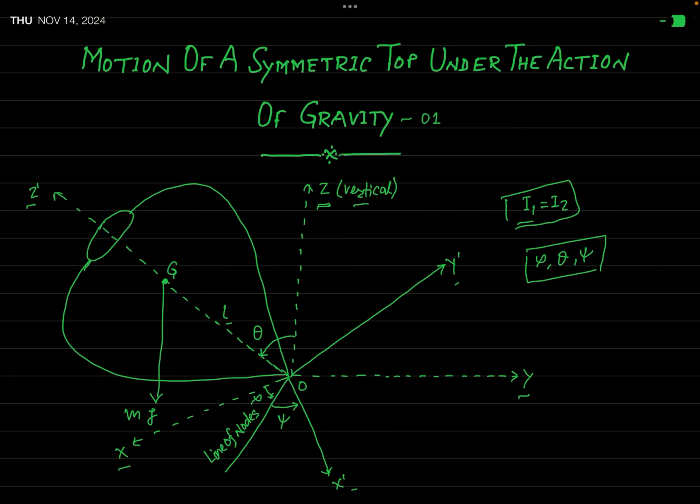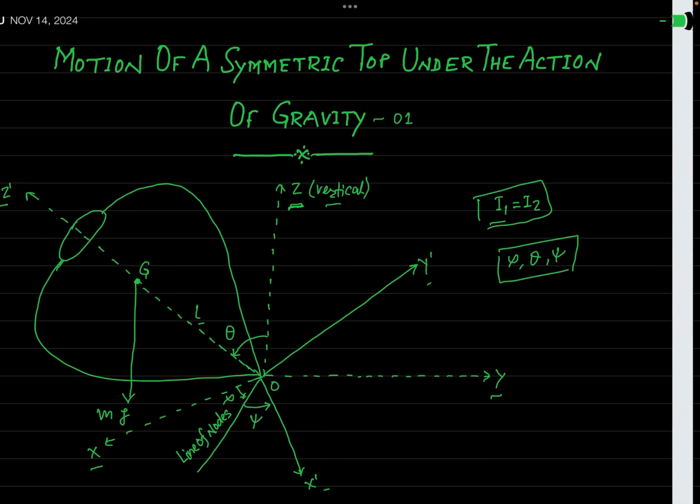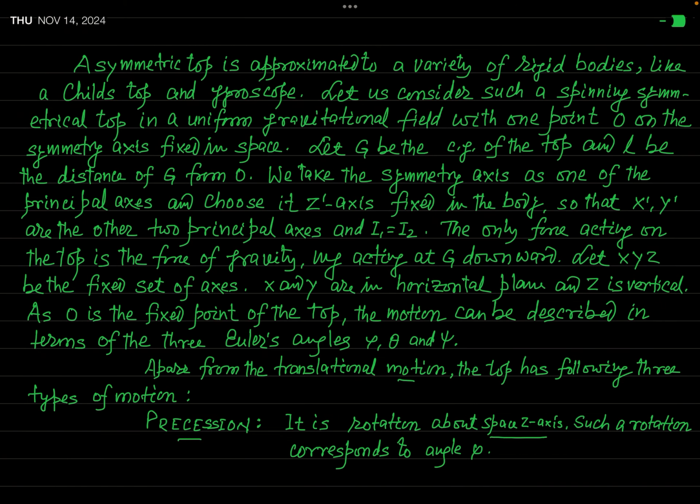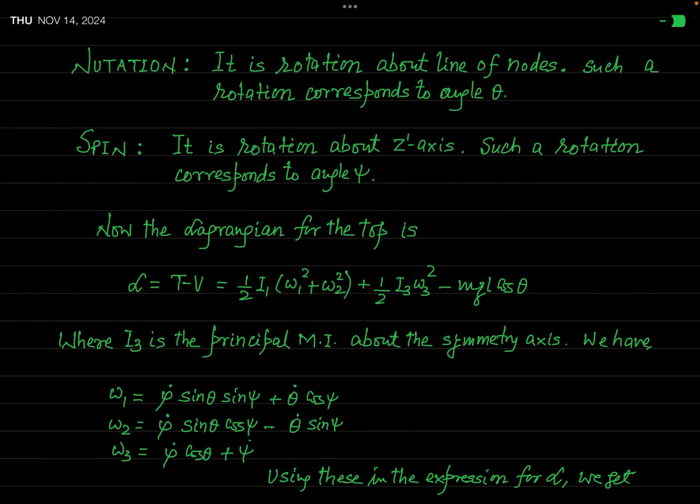See here, this precession is rotation about this space z-axis, as you can see in this figure. Okay, and such a rotation actually corresponds to the Euler angle phi. So this rotation angle phi determines the precessional motion of this rigid body or this top.